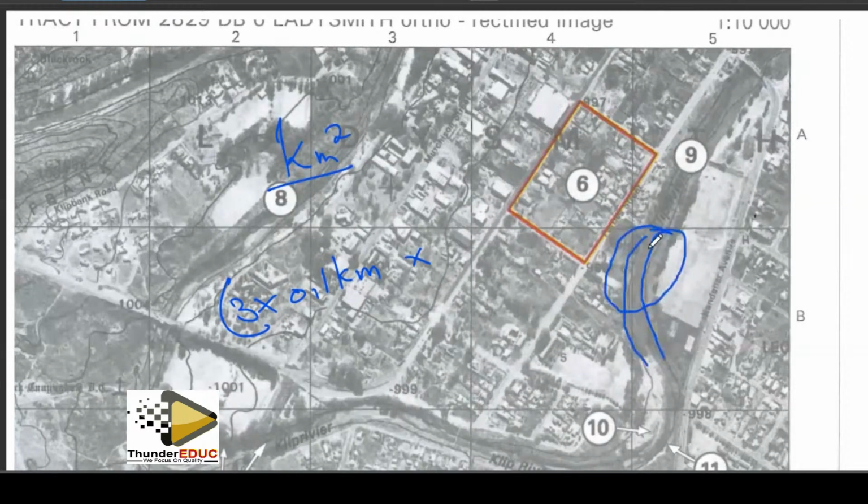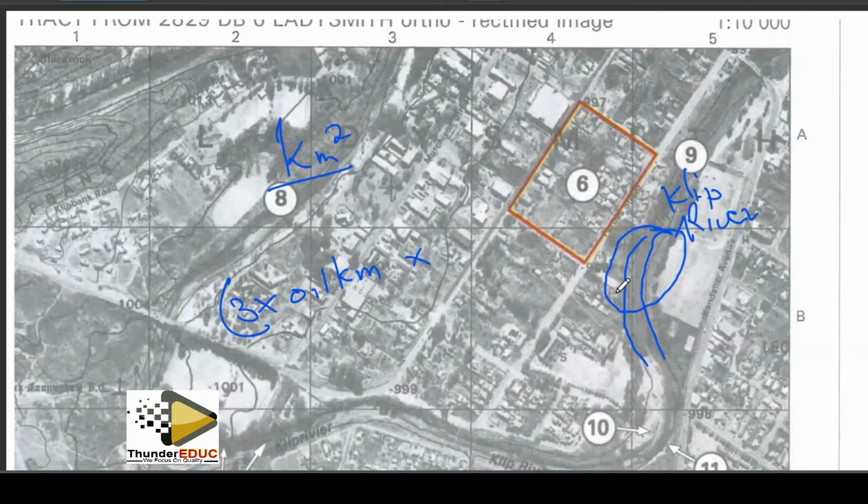The distance from this block to the river is a limited distance. Remember, the scale is 1 to 10,000 here. It cannot expand into the river. So the main reason why it's impossible there is the Klip River. It cannot expand here because there is the Klip River there. Right.